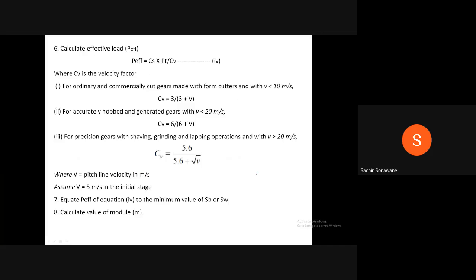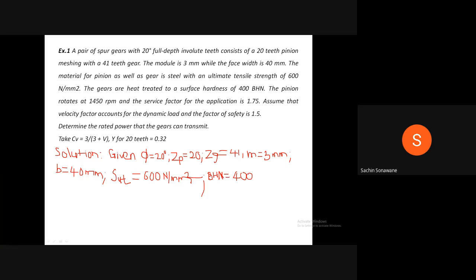Now, again, they have given us that the pinion rotates at a speed of 1450 rpm. Therefore, write down NP, small n suffix p.